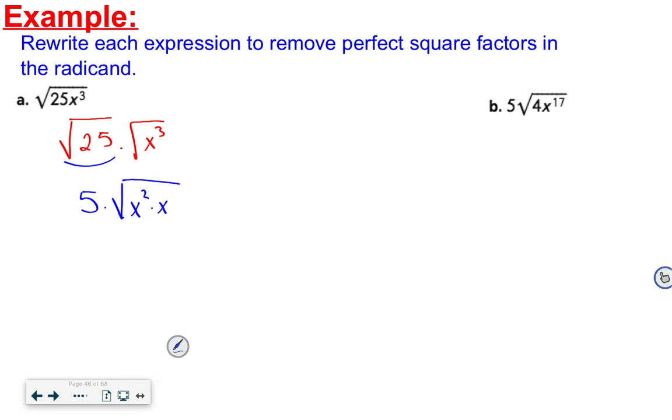Why am I trying to write in this way? Because the degree of the radical is even, and also this is 2. X to the power 2 is going to be taken out of the root as an x, but the x inside the radical, you cannot take it out of the root, that's why I leave it. So 5x times radical x is your answer.